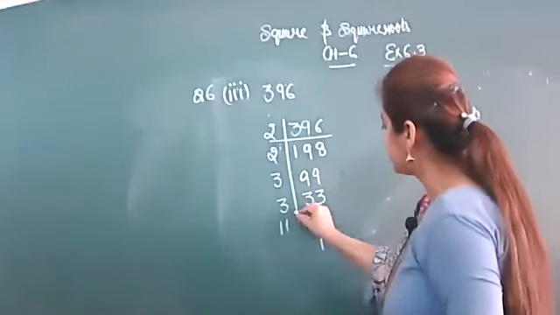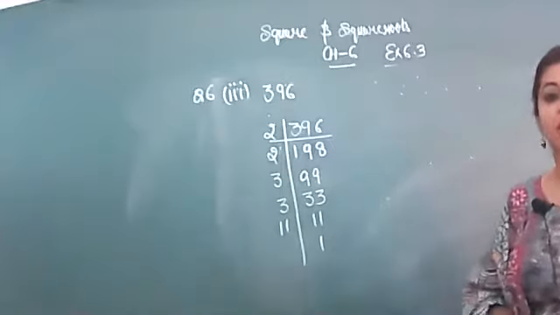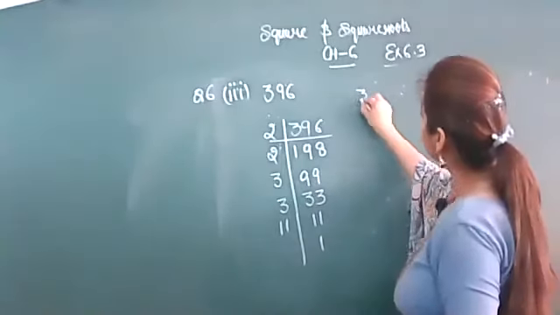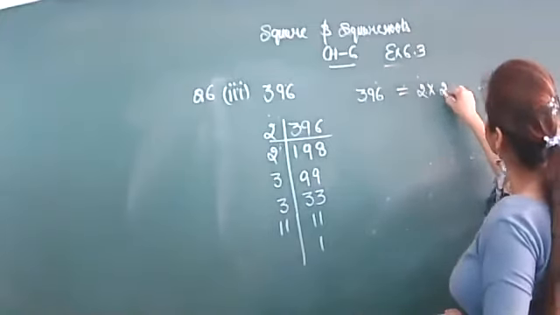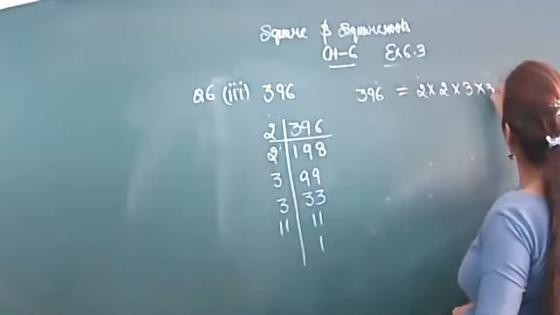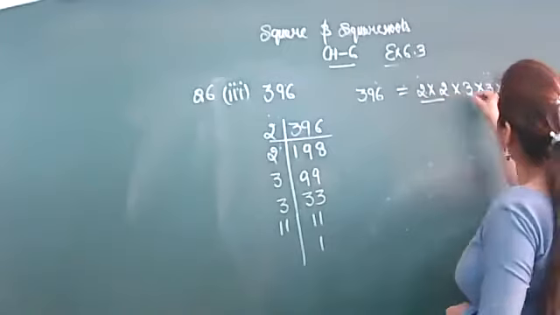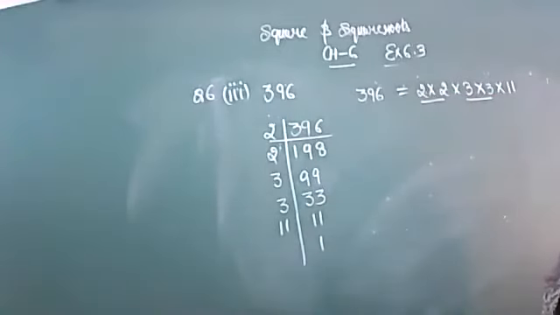Now, as you can see, 396 has factors 2 × 2 × 3 × 3 × 11. 2 and 3 occur in pairs, but 11 remains unpaired.